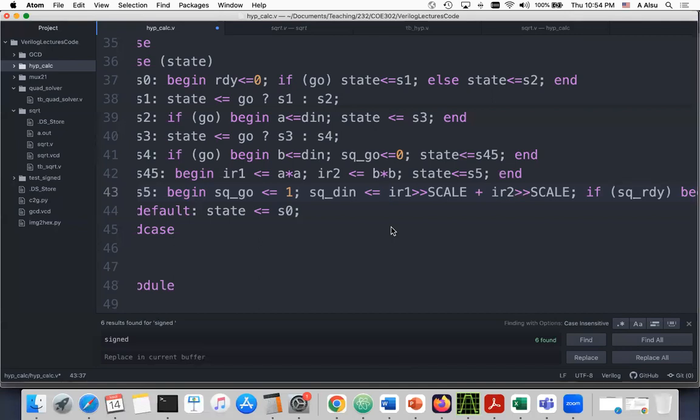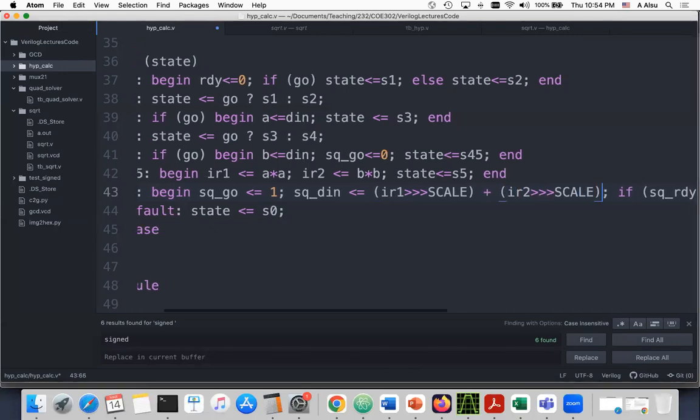Okay, the problem was this, so I'm going to get this back to what it was. There is nothing wrong here, except that it's a precedence issue. So I need to surround this by parentheses here, because otherwise, the addition has higher priority than the shift operator.